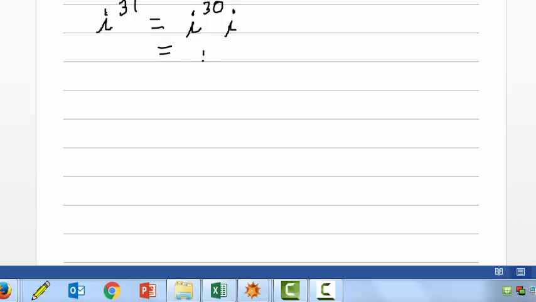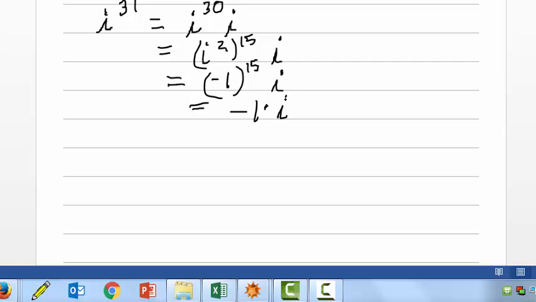So i to the 30th is i squared to the 15th. And i squared is negative 1, so that's what we're raising to the 15th power. The 15th power applied to negative 1 gives me negative 1, which gets multiplied times i. So I wind up with negative i as my final answer on this one.